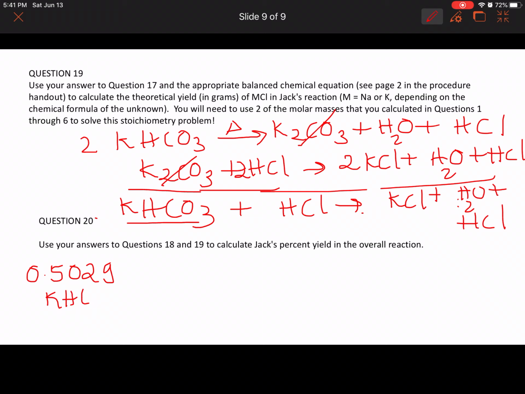of potassium hydrogen carbonate. And then what you're going to do is convert it to moles using the molar mass of potassium hydrogen carbonate. So 1 mole will give you the molar mass of potassium hydrogen carbonate. I'm going to roughly estimate the molar mass, but you will have to calculate based on the atomic masses from the periodic table. At the very beginning of this pre-lab assignment, you need to calculate the molar mass of this properly and then put it in your answer.